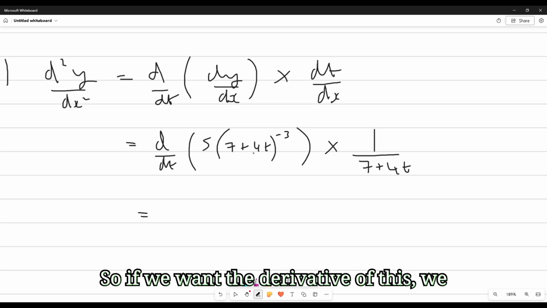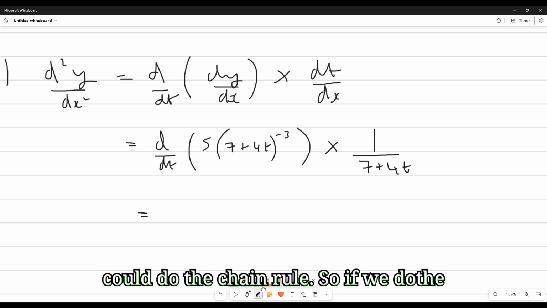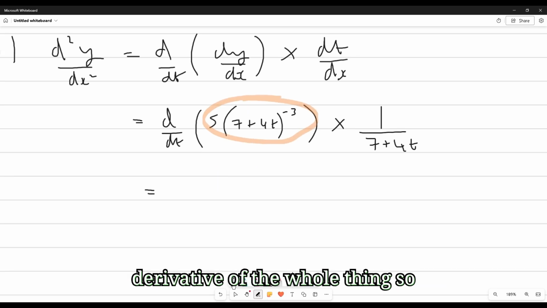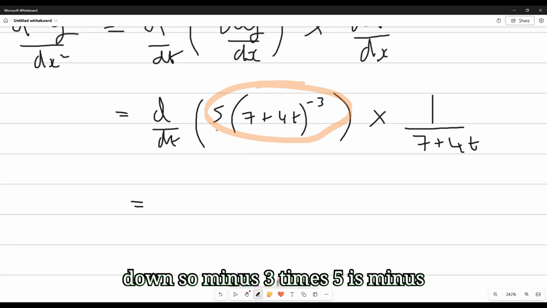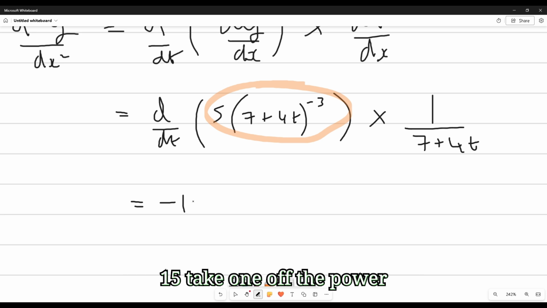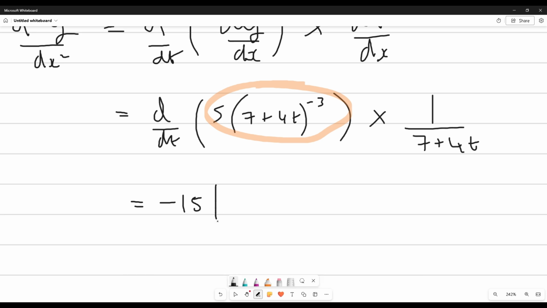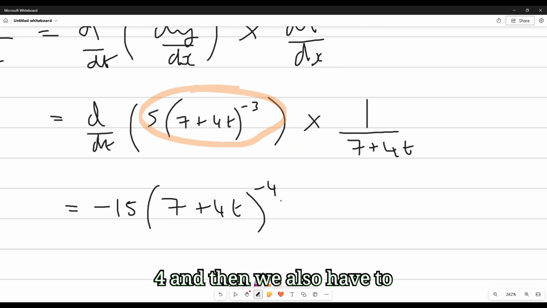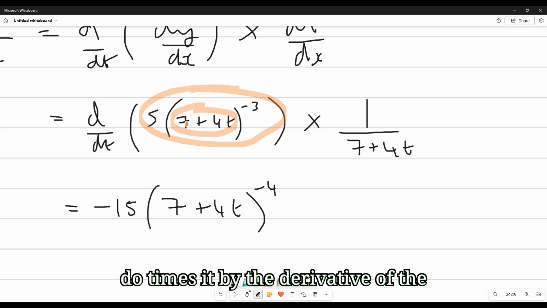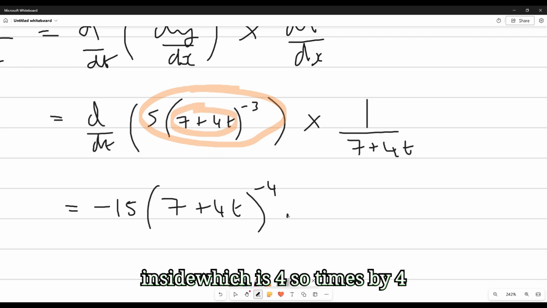So if we want the derivative of this, we could do the chain rule. So we take the derivative of the whole thing: bring the power down, so minus 3 times 5 is minus 15, take 1 off the power, which is minus 4, and then we also have to multiply by the derivative of the inside, which is 4, so times by 4.